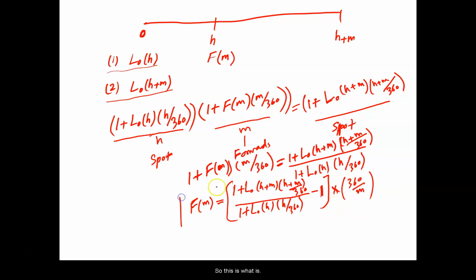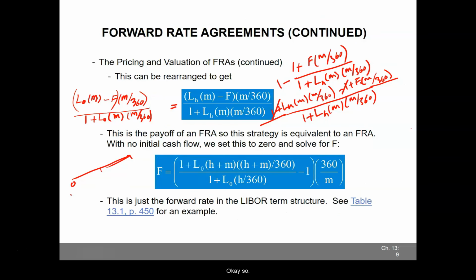So this is what is our model or formula for getting the forward rate. Okay, so this explains the derivation of the forward rate, that is the FRA fixed rate, to be used in the valuation as well as calculations related to forward rate agreements.